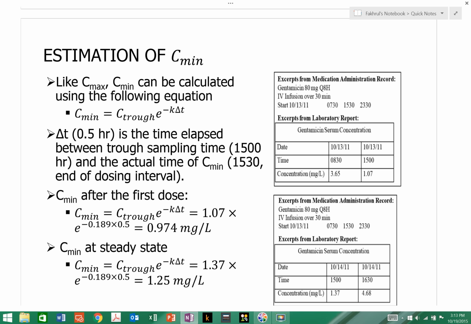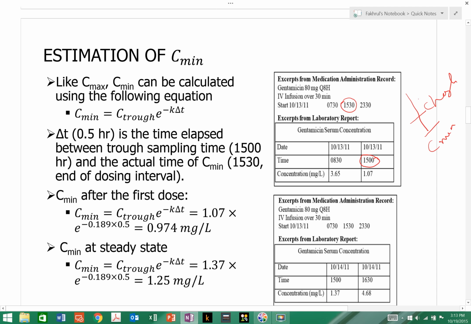So in our case, you have taken the sample at 3 p.m. but the actual time of the dose end is 3:30 p.m. So here it is your C trough. Here is your Cmin. Cmin means at the end of the dosing interval.